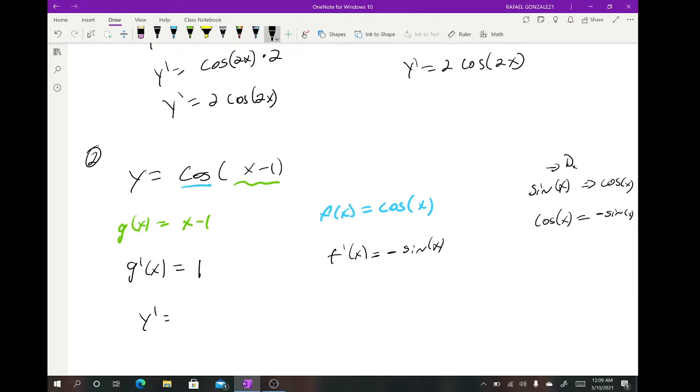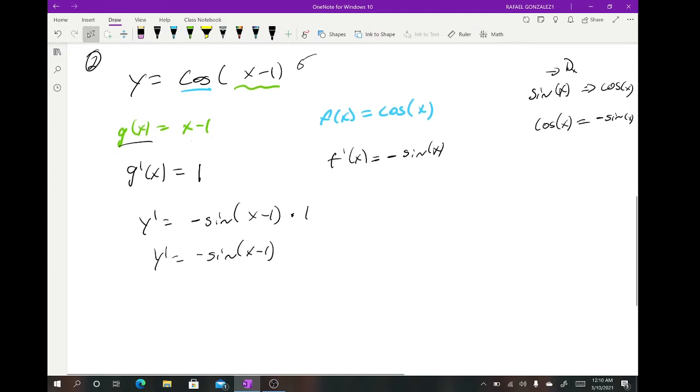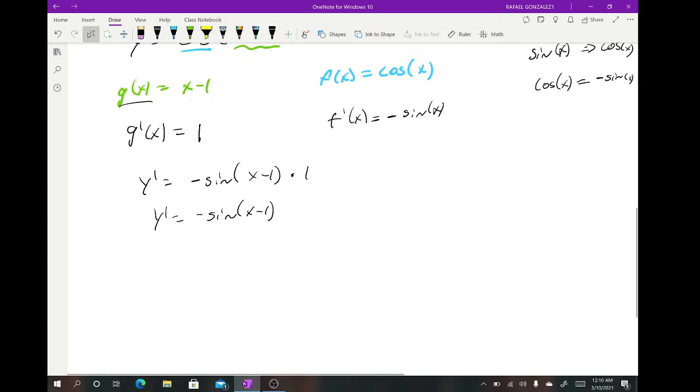So y prime of this, the derivative of y equals cosine of x minus 1, is going to be f prime, so minus sine, evaluated at g, which is x minus 1, times g prime, which is 1. So y prime is equal to minus sine of x minus 1, because when you multiply by 1, you just get minus sine of x minus 1.